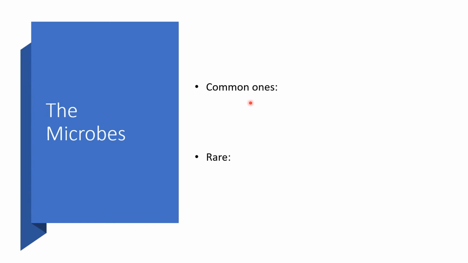Just in summary, the common ones will be Staphylococcus, Streptococcus, and Enterococcus. And like I said through the introduction, that will account for close to 80 to 90% of causative agents of infective endocarditis.